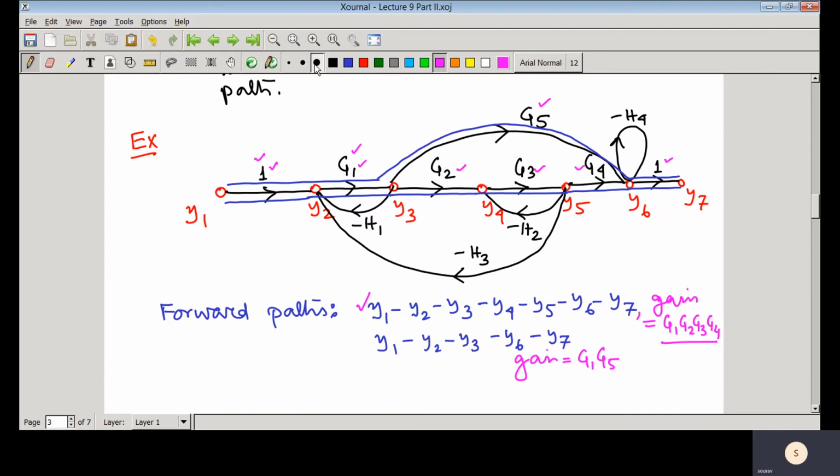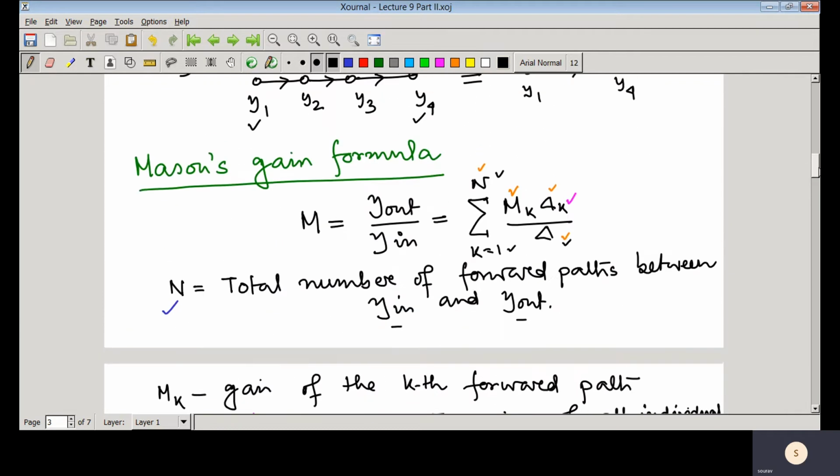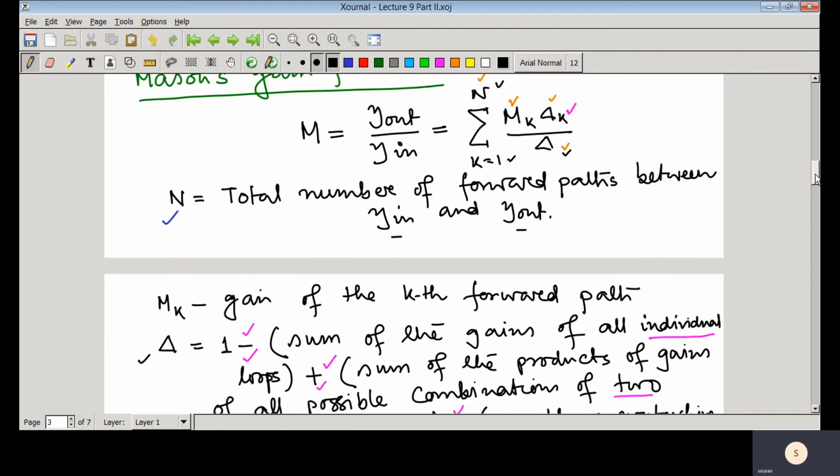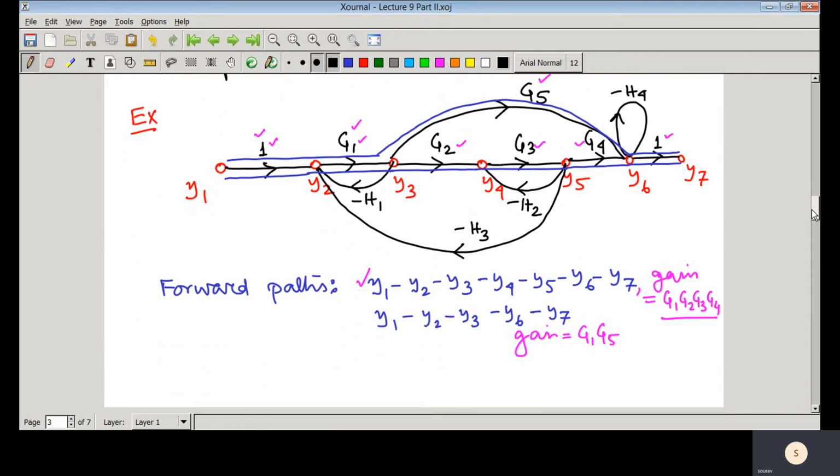So now, if you look at the Mason-Gain formula, it says the summation of k to n. Here in this particular example, n equals 2, because you can see you have only 2 forward paths.